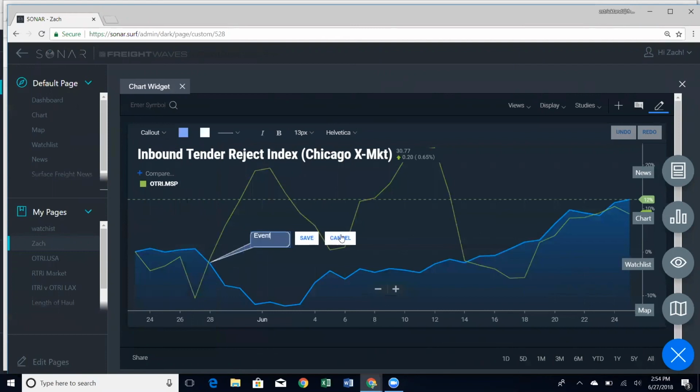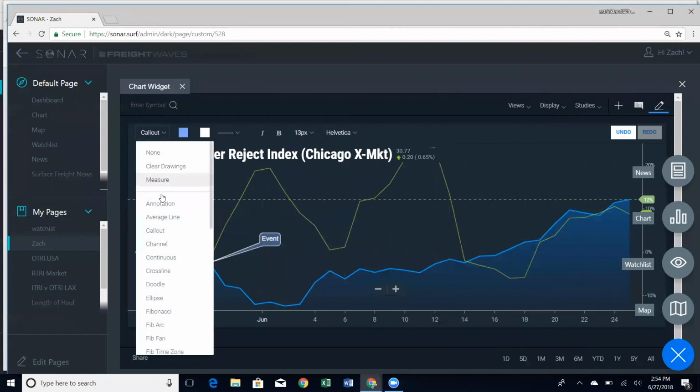And again, these are your custom pages, so you can save these. If you'd always like to look at and compare, it looks like we're comparing inbound rejection index for Chicago and outbound for Minneapolis, if you save these views, then you'll have the ability to look back and see what's happened and type in the events that happened there.